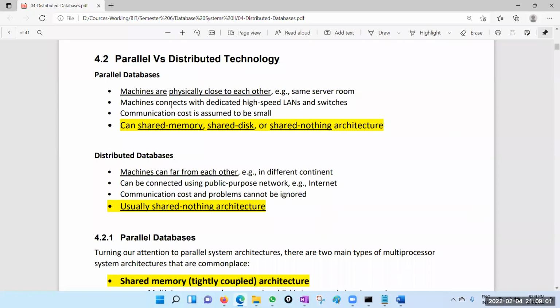The difference between parallel database and distributed database is this: parallel database means machines are physically close to each other, something like load balancing. There can even be shared memory and shared disk when it comes to parallel databases.